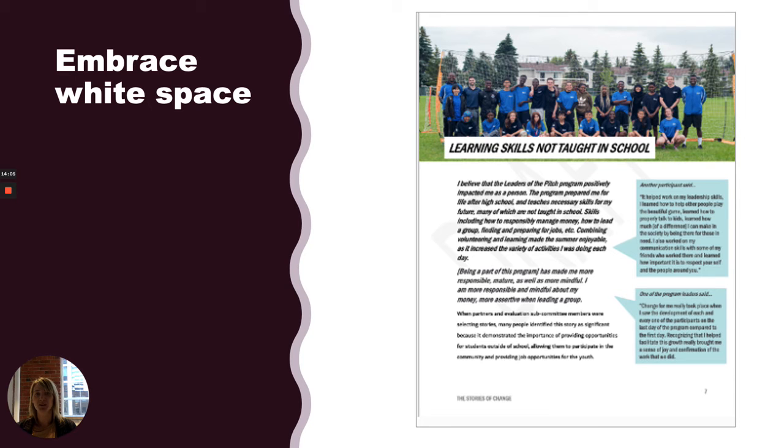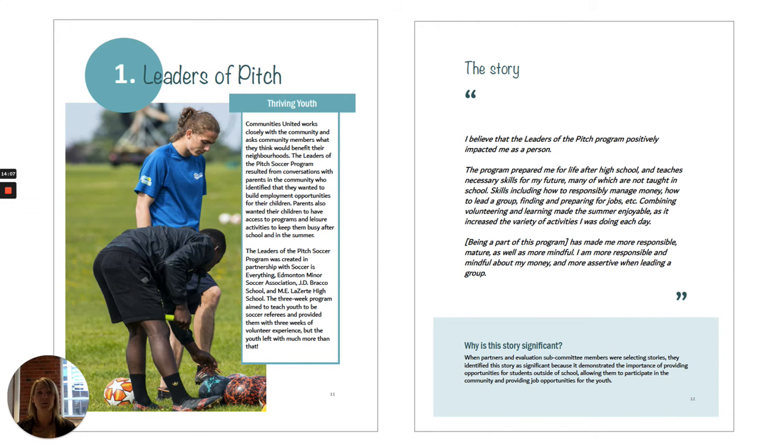So how we can infuse white space is maybe by doing something like this, where we separate the information out onto 2 pages instead of 1. The 1 page is where we give some background information, but then we really want to highlight the story. And so we put that onto a separate page with lots of white space around it. And just looking at this, again, it's that visual breathing room that I was just mentioning.